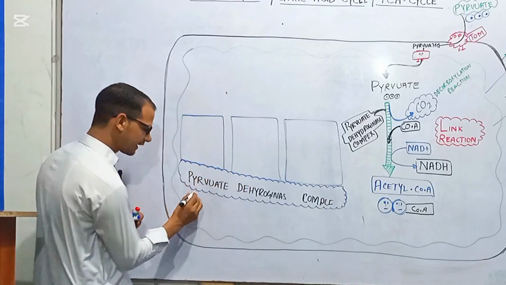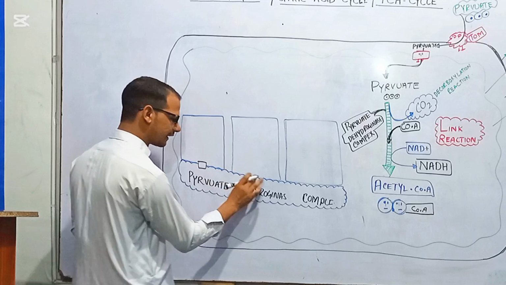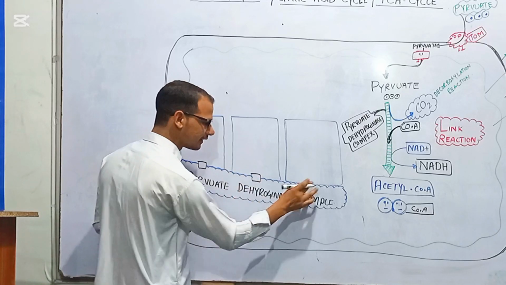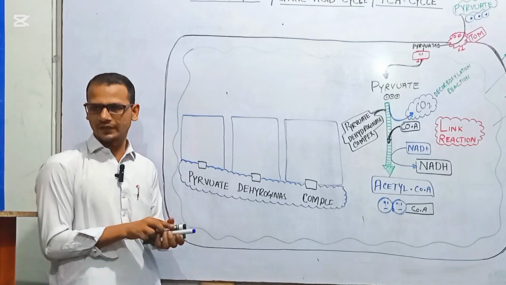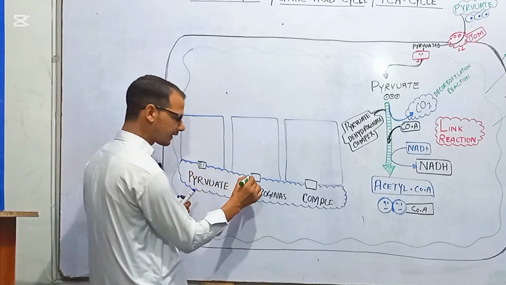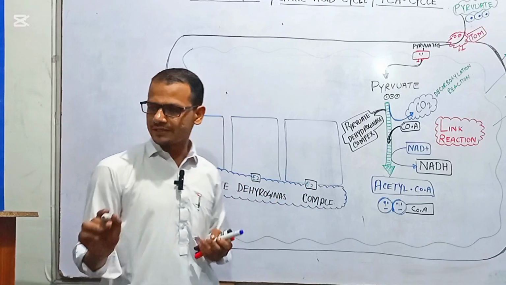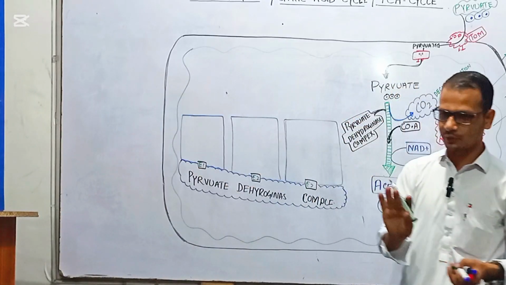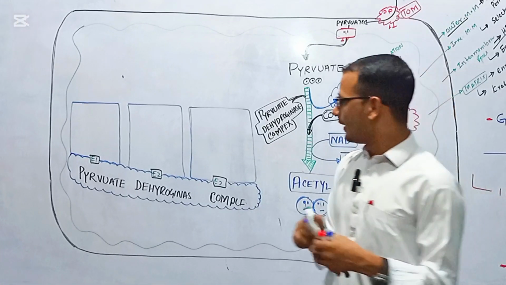This first component is called E1, the second component is called E2, this third component is called E3, right? So there are three components. One is enzyme 1, enzyme 2, enzyme 3. Initially this complex has three components. It is composed of three further enzymes, right?